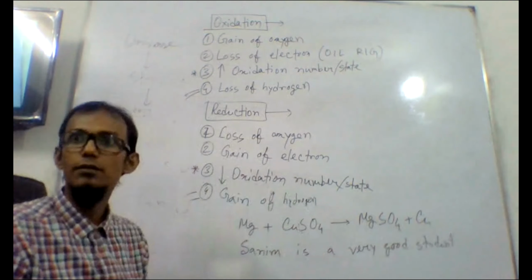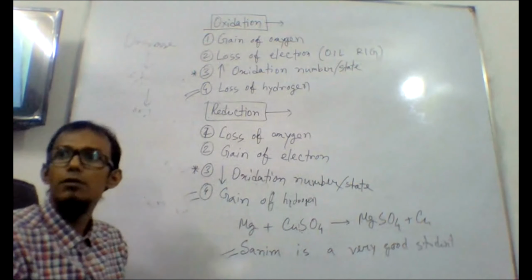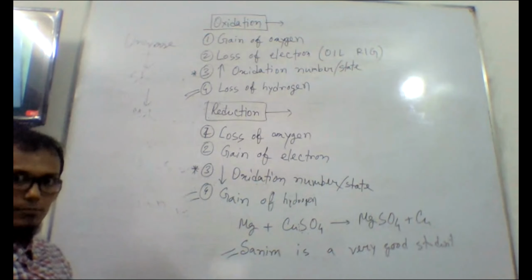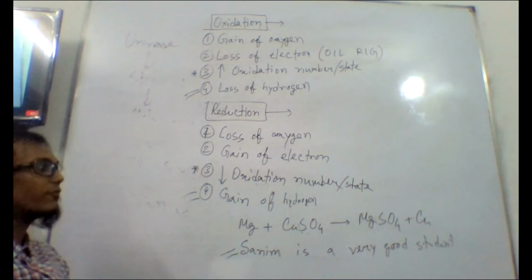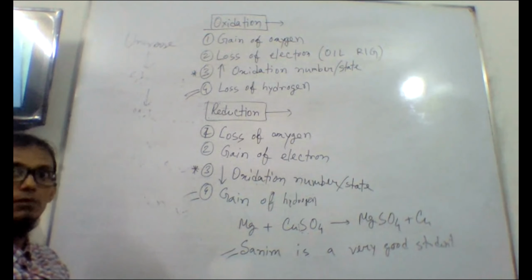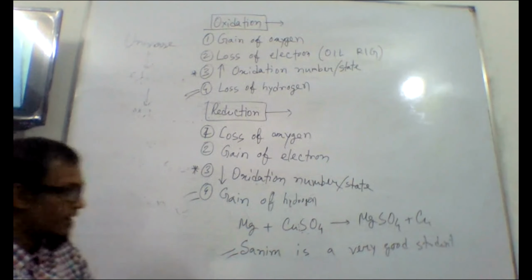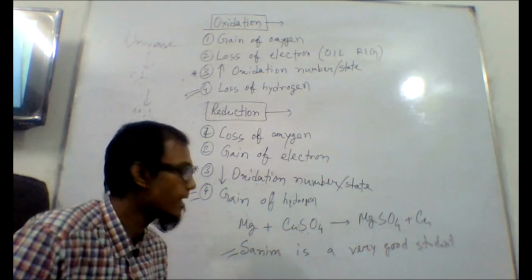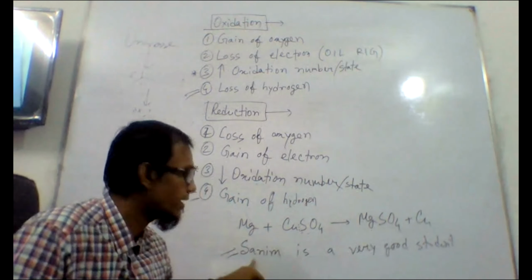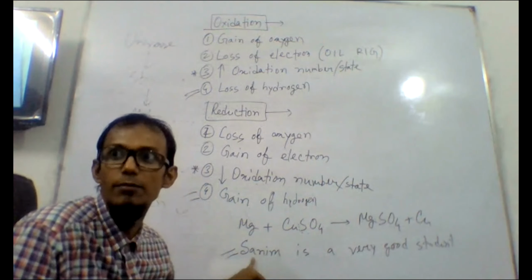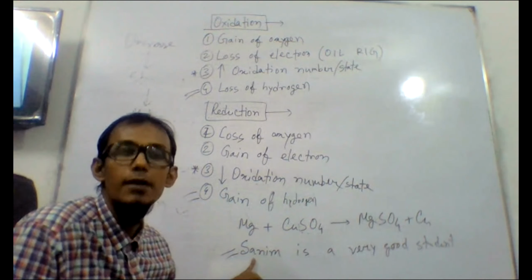ঠিক আছে? What is this? Okay, Salim is a very good boy, a very good student. What is this? It is an English sentence. How many words? 1, 2, 3, 4, 5, 6. What is this? Salim, tell more about Salim. First word, it's a proper noun.